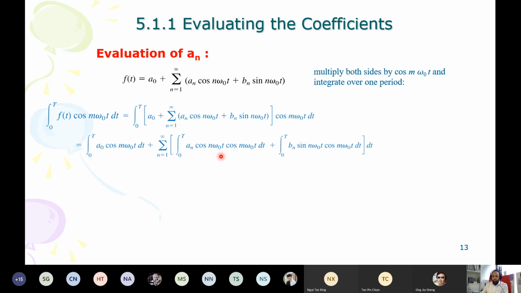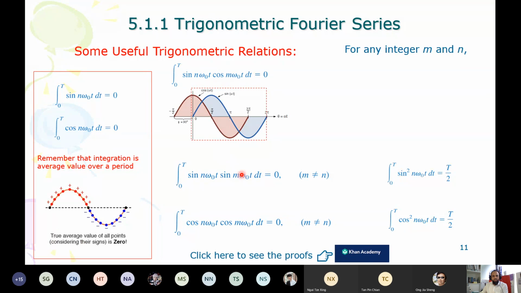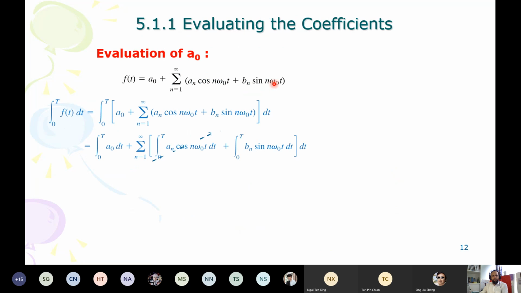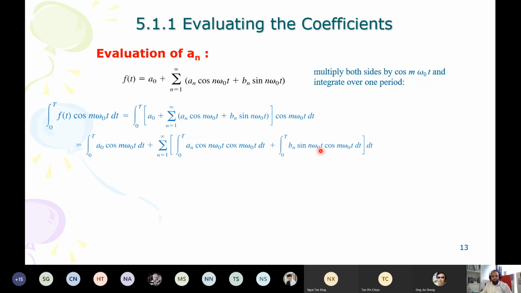Let me just go back to those. Yeah, here. If cos and cos are together, they will result in 0 unless n is equal to m. And sine and cos, if they are two different ones, will eventually be 0. For our case, this will be 0 for sure, because there are two different terms, sine and cosine.